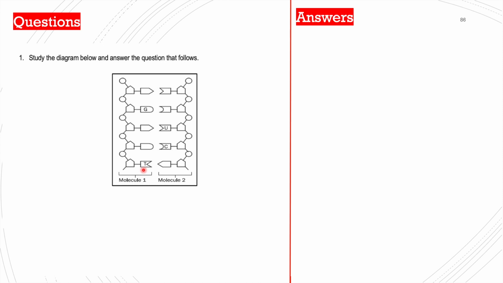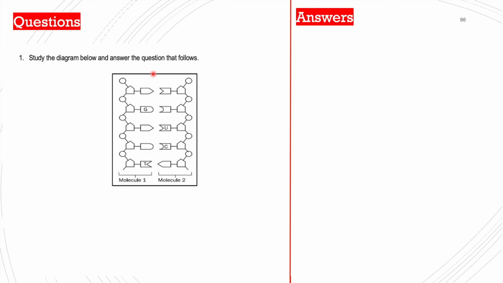Therefore, we know that thymine is only found in the molecule which is DNA. So I submit that molecule 1 is DNA. Why? Because it contains thymine as a nitrogenous base, and molecule 2 is that belonging to RNA. Why? Because it consists of the nitrogenous base U.